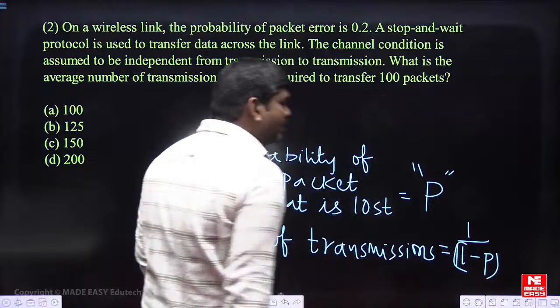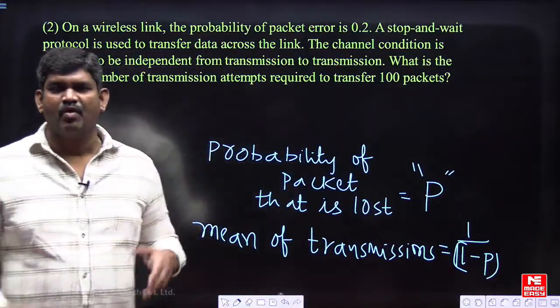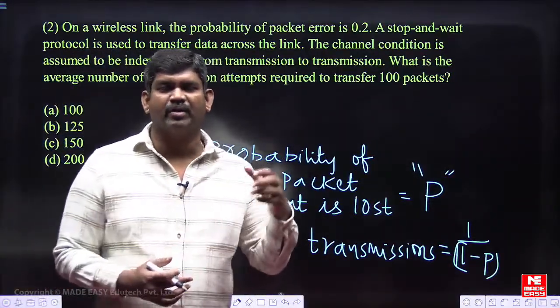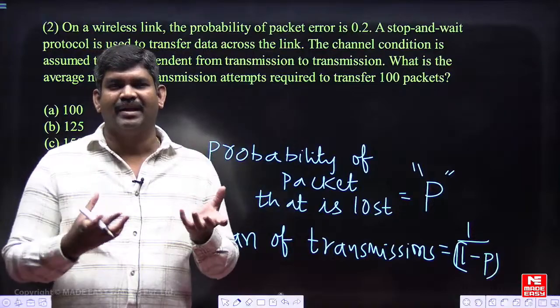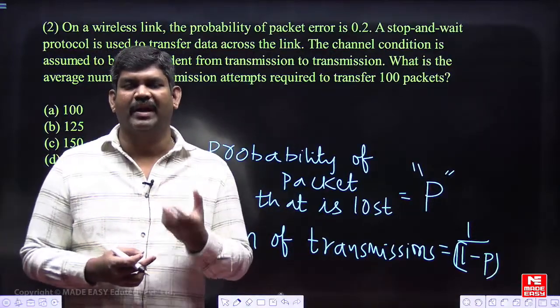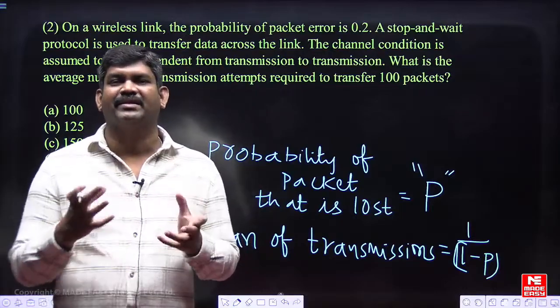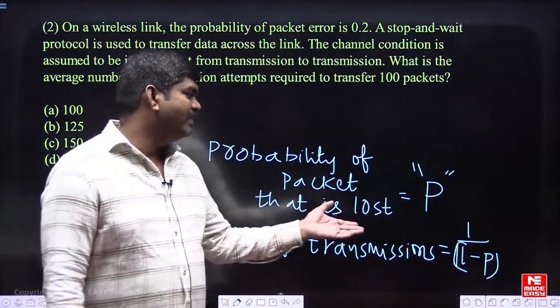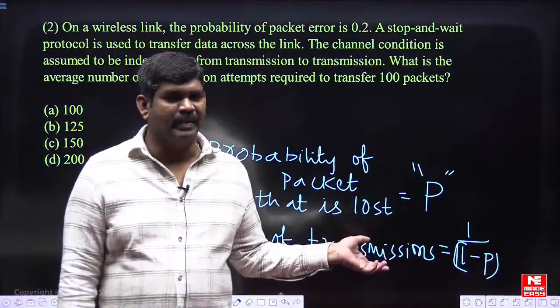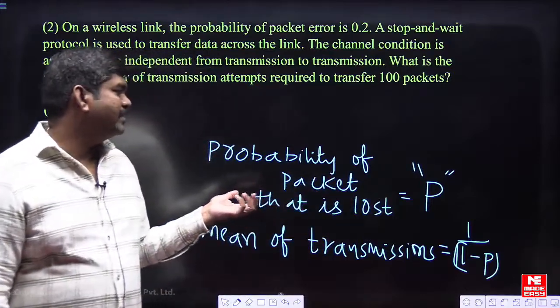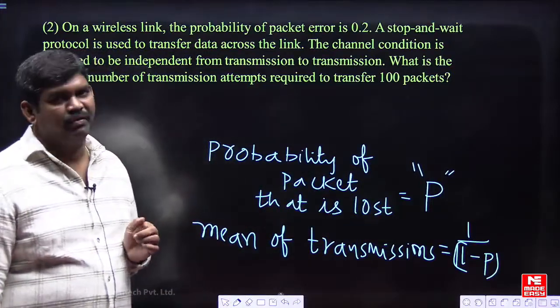You can check that, 1 by 1 minus p. That means, whether it's a wired or wireless communication, when the link has unreliability, on average how many times you transmit a single frame to get a success will be 1 by 1 minus p, where p is the probability that it is lost. So it is for one frame.